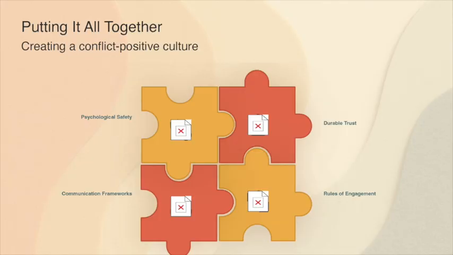All right, so putting all of these concepts together, we're going to talk about creating a conflict positive culture which utilizes constructive conflict. So going back to that continuum from earlier on, we had destructive conflict on one side, and fake harmony, or artificial harmony, on the other side.